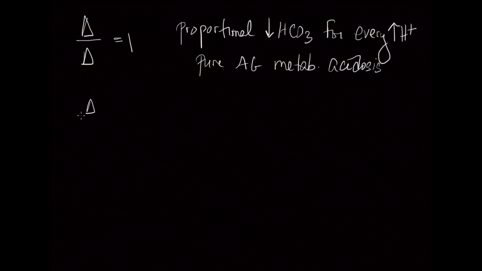When you have a delta-delta that is less than 1, you don't have a proportional drop in bicarb for every rise in protons. You have a disproportional drop. More bicarb is lost than can be accounted for by the protons that are being generated.